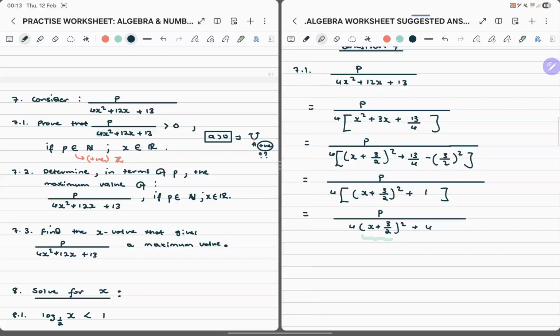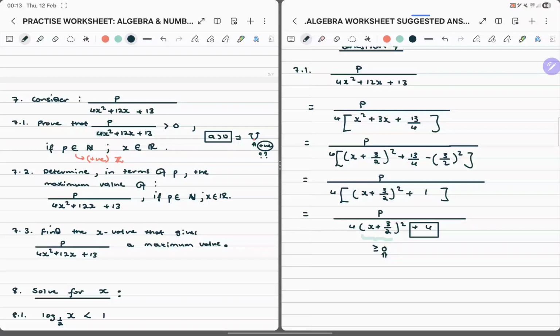So this means this thing is greater than or equal to 0, right? And if we're talking minimum, because this is a smiling parabola, the smallest value that the perfect square can take is 0. So when this is 0, the minimum is going to be 4. That's the y value at the turning point.